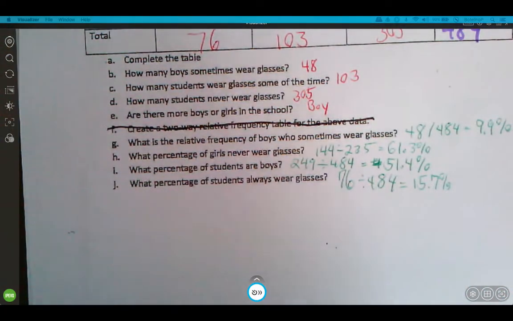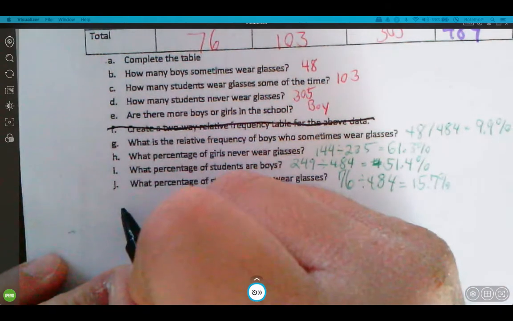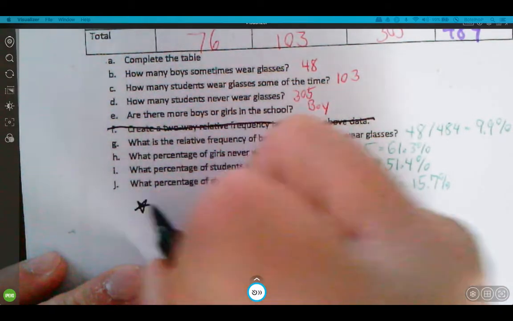All right, and then the last question, I'm going to just add this in, is if you were specific with relative frequency, so I'll just put a star here.